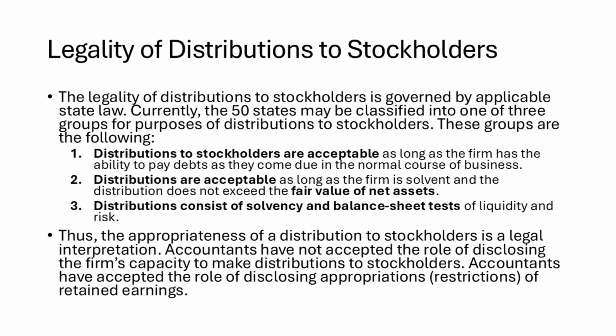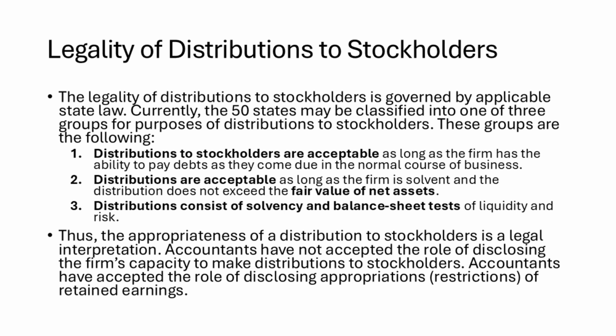The legality of the distribution to shareholders is governed by the applicable state law. Currently, the 50 states may be classified into one of three groups for the purpose of distribution to the stockholders.